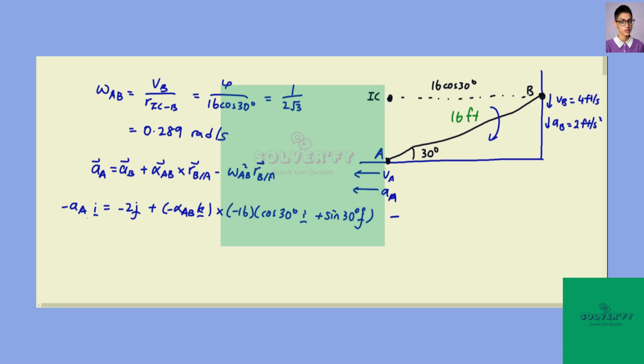Then I have a plus 1 over 2 root 3 squared times 16 cosine 30 degrees I plus sine 30 degrees J. The negative 16 cancels the negative sign, so it gets a plus.